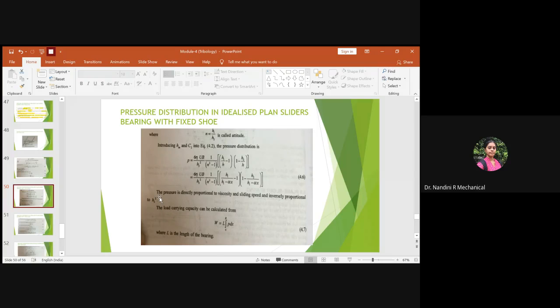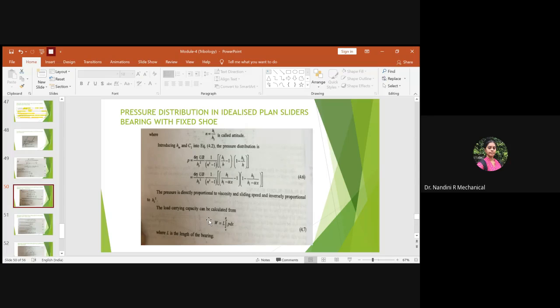So now we are clear about the pressure distribution parameter, because we have derived an equation for pressure distribution, and you know how the pressure distribution is proportional to viscosity and the sliding speed. Then you have to think about the load carrying capacity. We had derived last time a load carrying capacity equation for hydrostatic bearing.